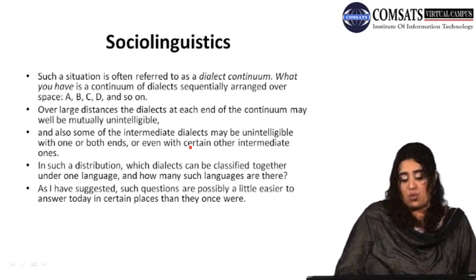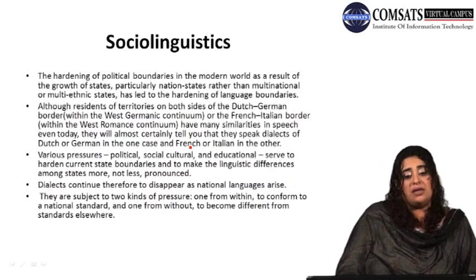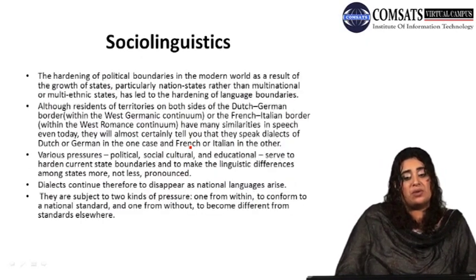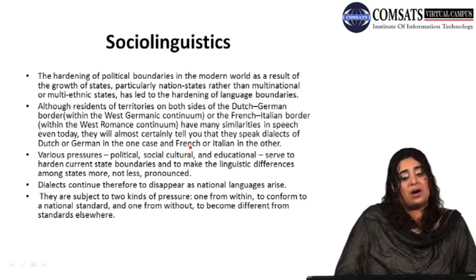As I have suggested, such questions are possibly a little easier to answer today in certain places than they once were. The hardening of political boundaries in the modern world, as a result of the growth of states, particularly nation states rather than multinational or multi-ethnic states, has led to the hardening of language boundaries.